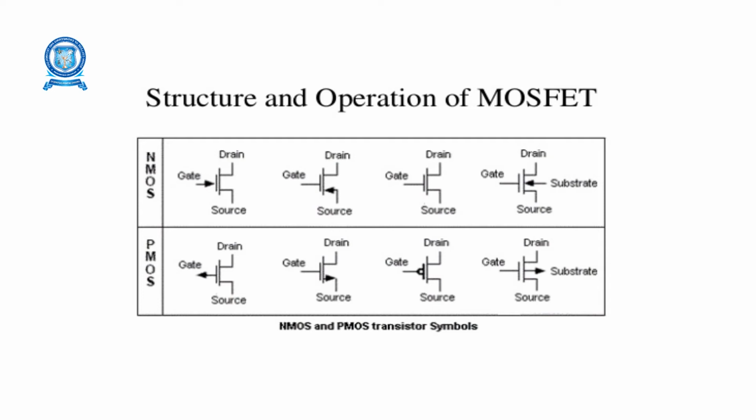But the main difference is the arrow mark. The arrow mark indicates the direction of current flow, which differentiates NMOS and PMOS. It's an important one.